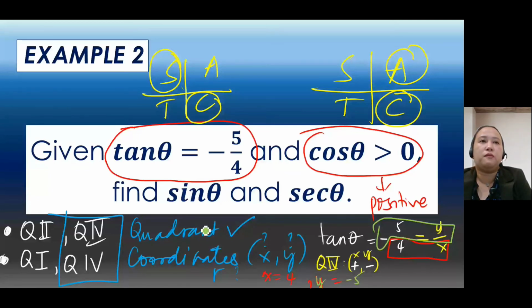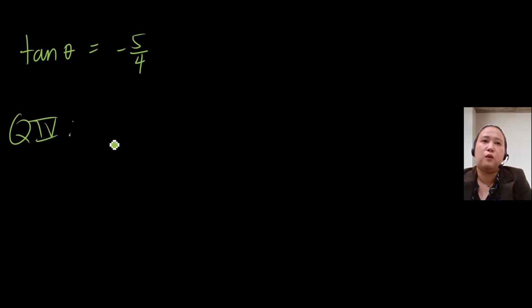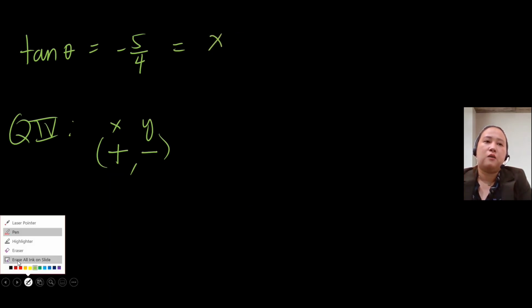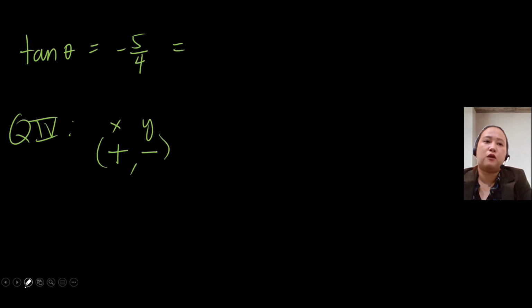Okay, I'll switch to the black screen. So we have again tangent theta equals -5/4, and since in quadrant 4 the coordinates x and y are positive and negative, we can easily determine the values of y and x.